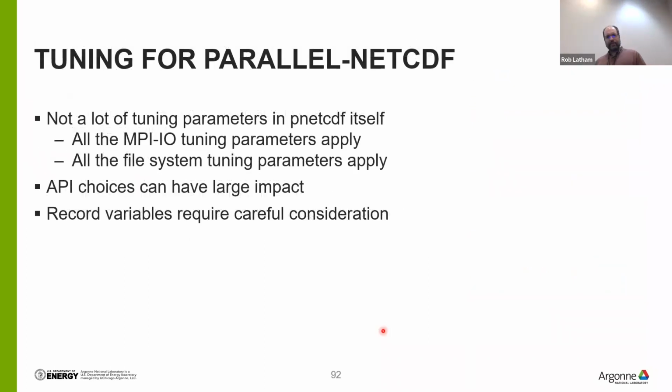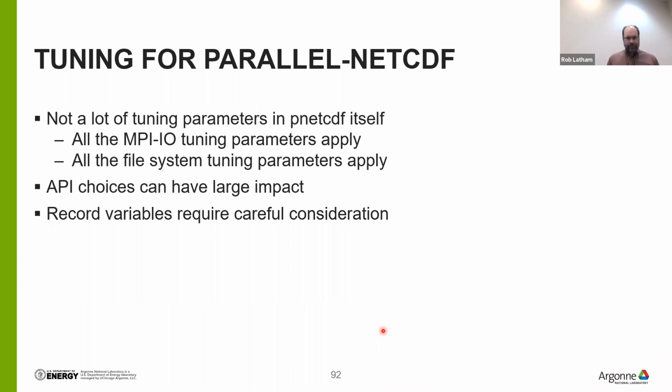So this is a tuning and an IO performance talk, but for Parallel-NetCDF, the tuning parameters are fairly limited. Using Parallel-NetCDF is almost enough in itself because it passes directly through down to the MPIO calls. There's a very thin layer in Parallel-NetCDF.